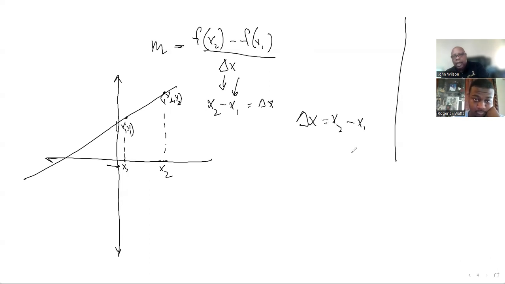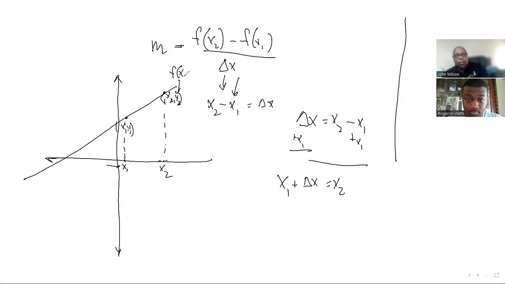If we add x1 to both sides, that means x1, write this down, plus delta x is equal to x2. So really, this y2 is f of x1 plus delta x. And this one's just f of x1.